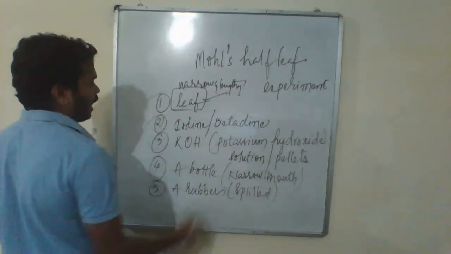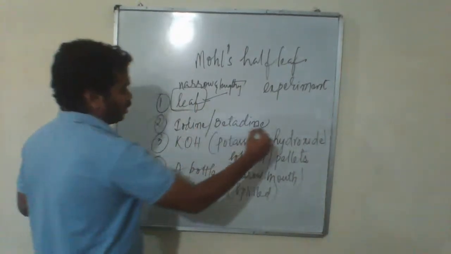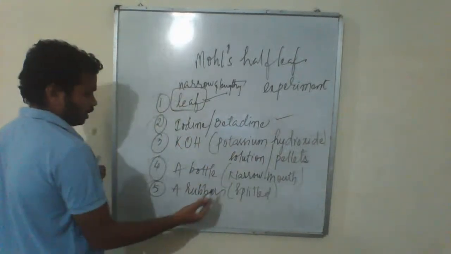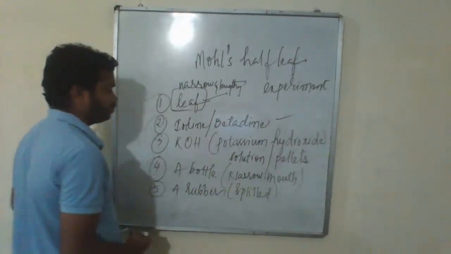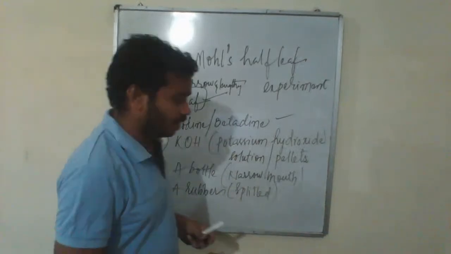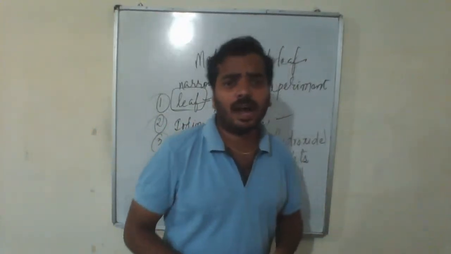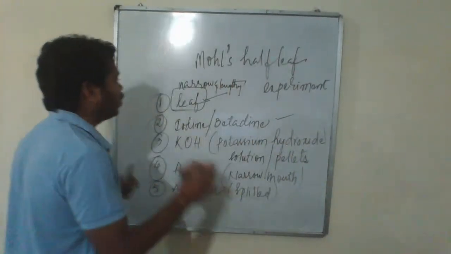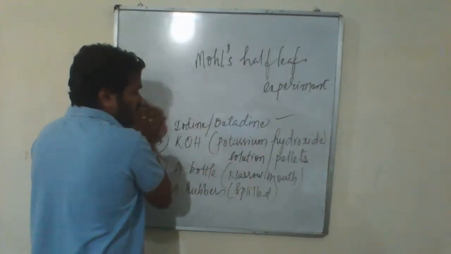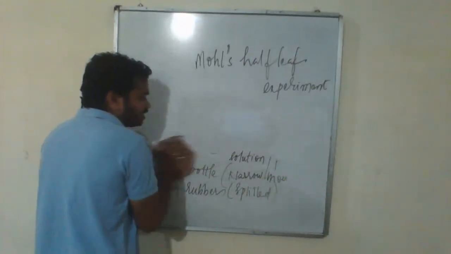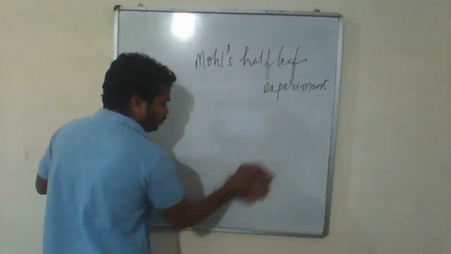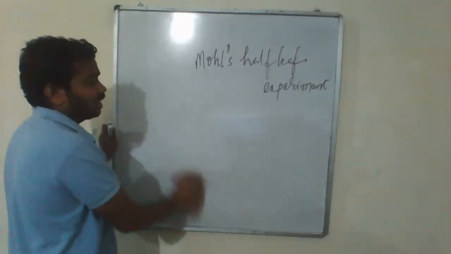You need a plant which has a narrow lengthy leaf, iodine, KOH, a bottle, and a rubber cork. All this you have to consider. Now I am going to tell you a specific process of destarching. We shall see about destarching a plant.